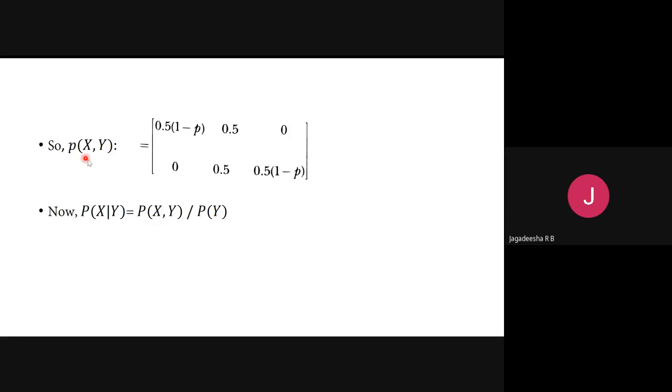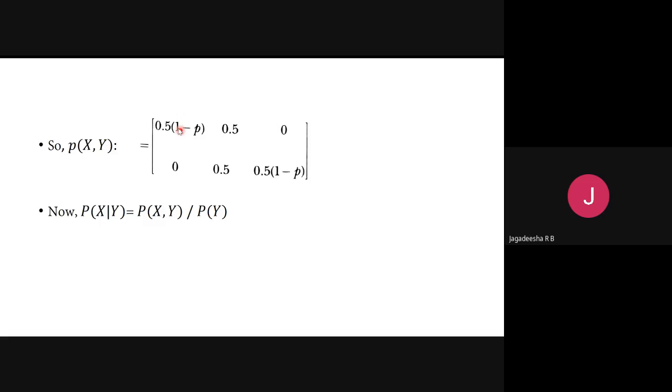So here we have what? This matrix is here. This should be P of X comma Y. And then to this matrix, we need to divide by P of Y. So P of Y has what? Y1, Y2, Y3. So basically we are dividing this matrix by P of Y to get this P of X given Y, or the conditional probability of X. So how do we do that?